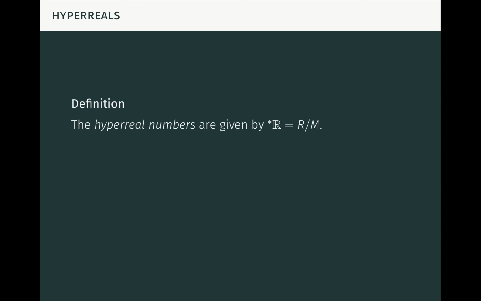This leads us to our definition of the hyperreal numbers. The hyperreals are just given by R mod M, which is denoted (R). Note that R is a subset of (R) under the identification of a real number with its constant sequence.